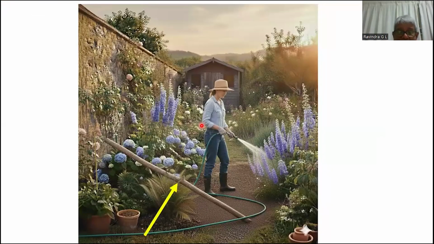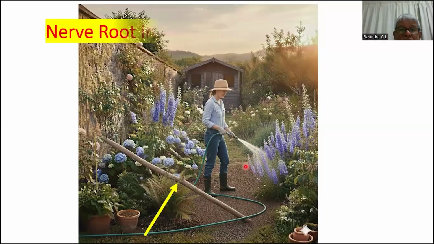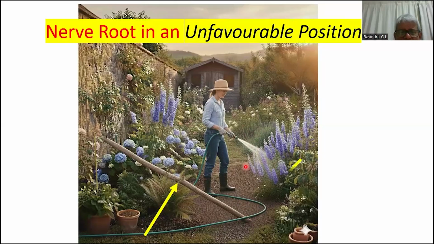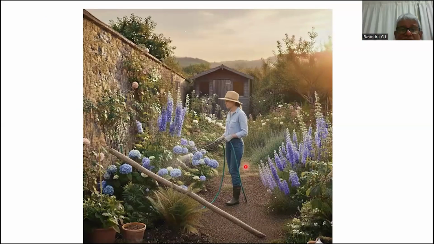So if the nerve root is somewhere and the drug is getting delivered at the tip of the epidural catheter somewhere else, what you can do is pull the catheter a little, about 1 centimeter. If you pull the catheter a little, maybe the tip of the catheter comes to a favorable position near the nerve root and it might probably act.